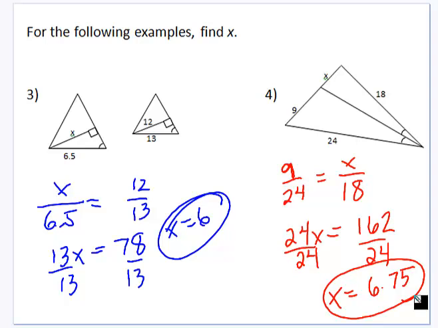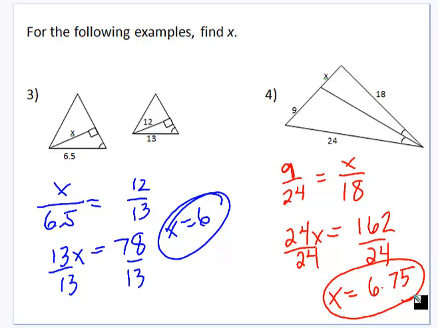So if you had 9 over 18, no. You could instead, you could certainly, so if we use the 9 and the 24 here, then the x is the one corresponding with it, so that has to go on the top, and the 24 and the 18 would have to go on the bottom.